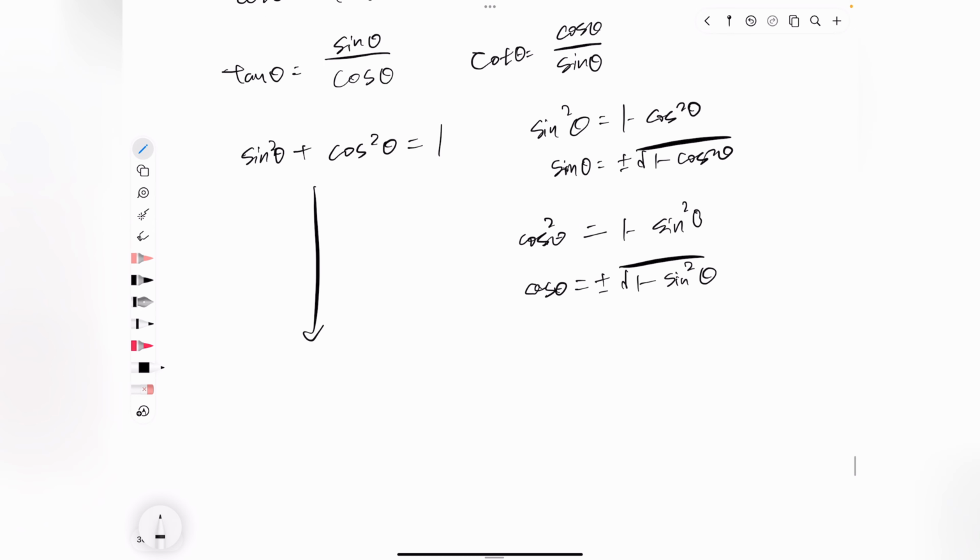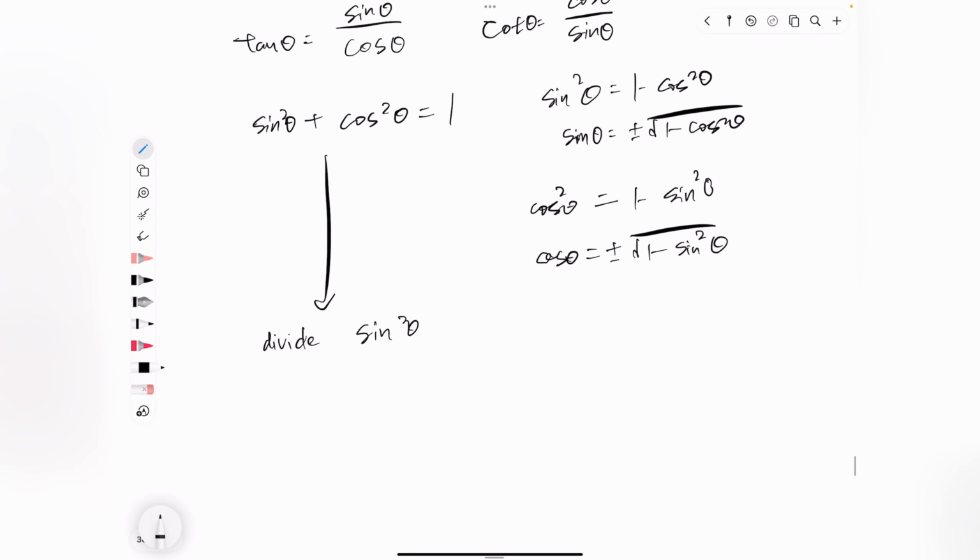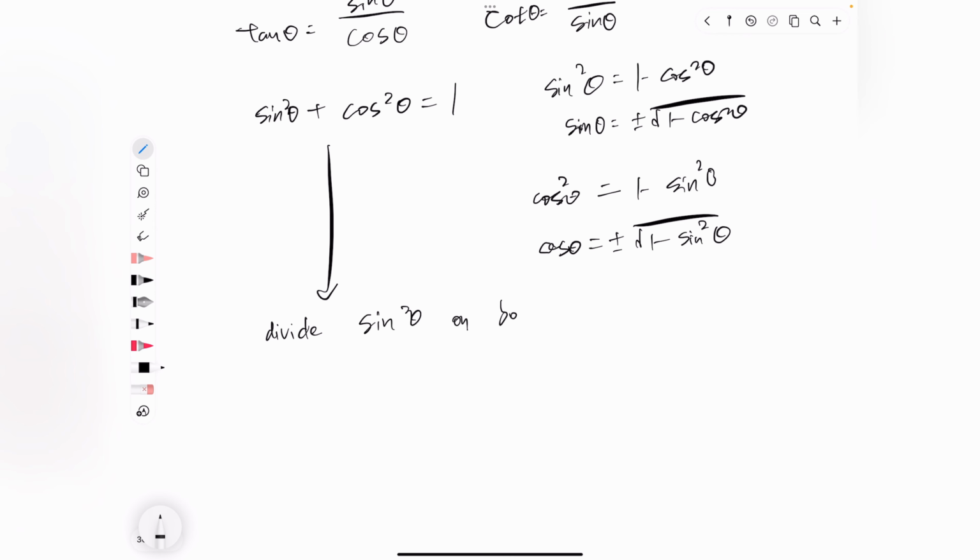And from here, if we divide by sine squared theta on both sides, we get 1 plus cotangent squared theta equals 1 over sine squared theta, which is cosecant squared theta.